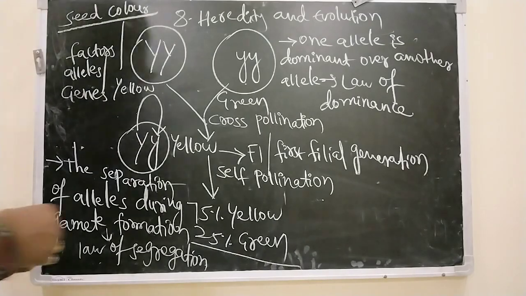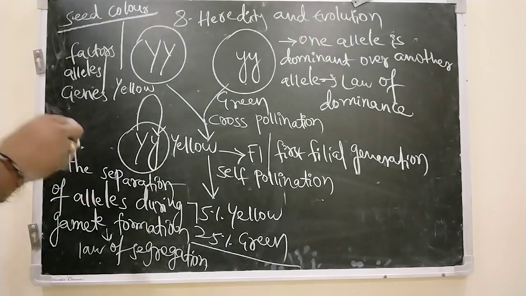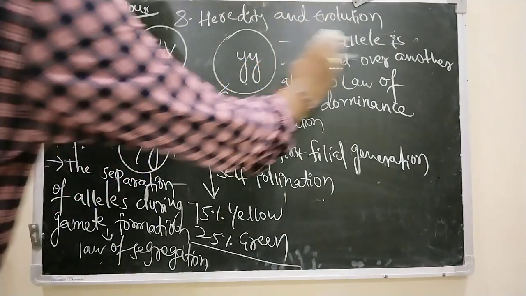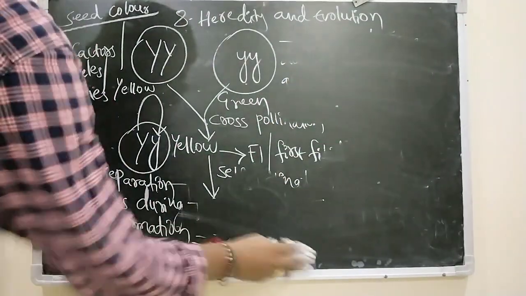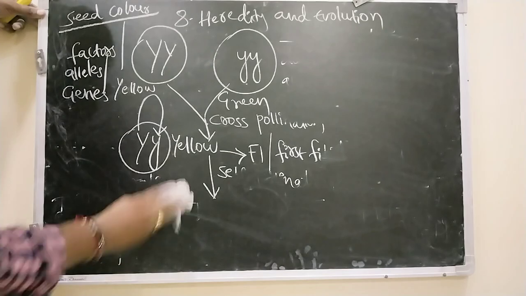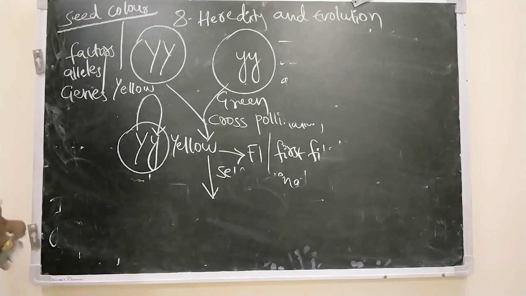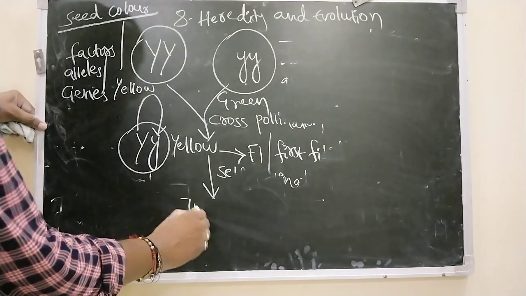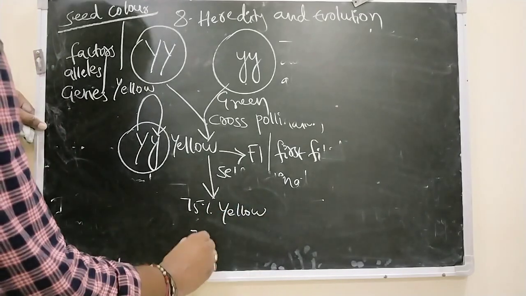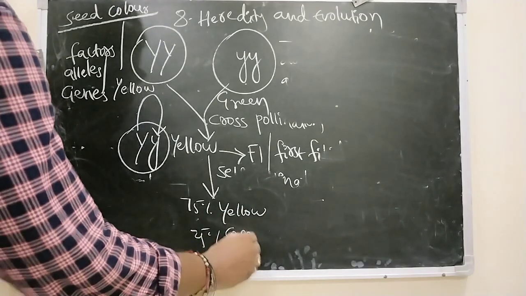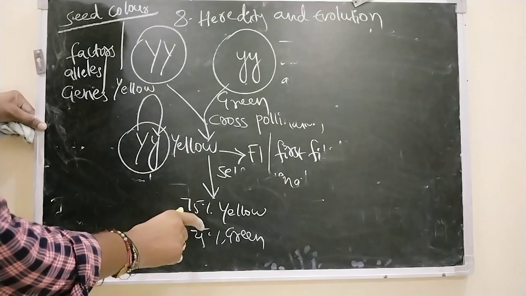Next, we can also represent them in the form of a checkerboard. See, here 75% is yellow, right? 25% is green. How can we say this? By seeing.